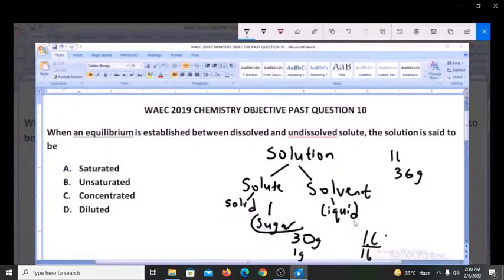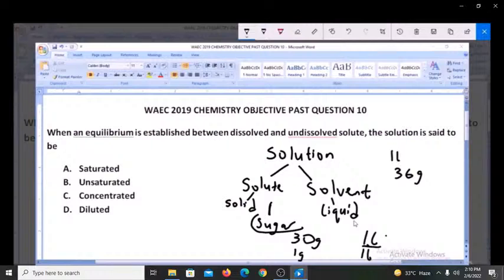Now, one thing I didn't mention is that in a saturated solution, the dissolved solute is in equilibrium with the undissolved solute, because the solvent is incapable of dissolving more solute. So there's an equilibrium established between the dissolved solute and the undissolved solute, and no dissolution will take place again.